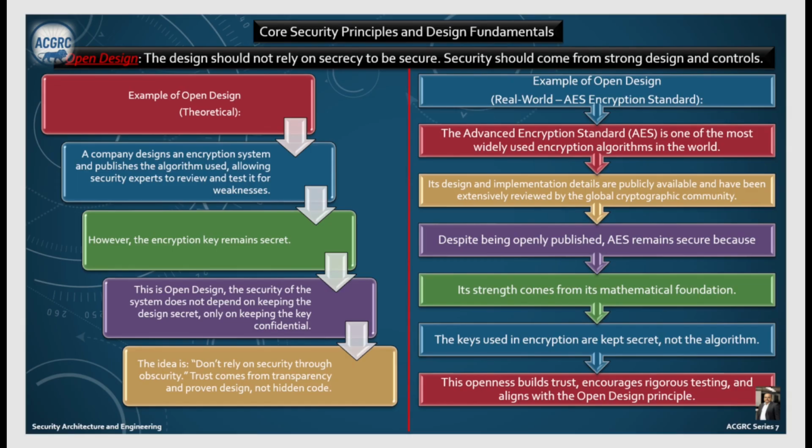Open design. The design should not rely on secrecy to be secure. Security should come from a strong design and controls. What does it mean? Well, again, let's look at it from an example perspective, a theoretical one to start with. A company designs an encryption system and publishes the algorithm used, allowing security experts to review and test it for any weaknesses.